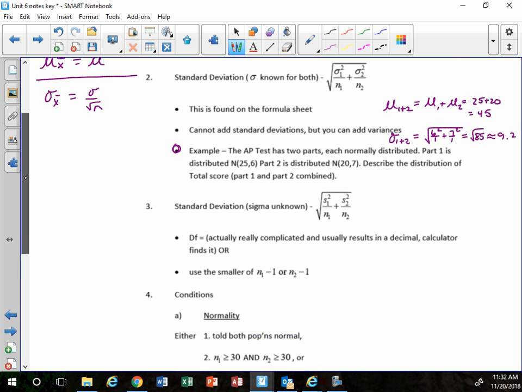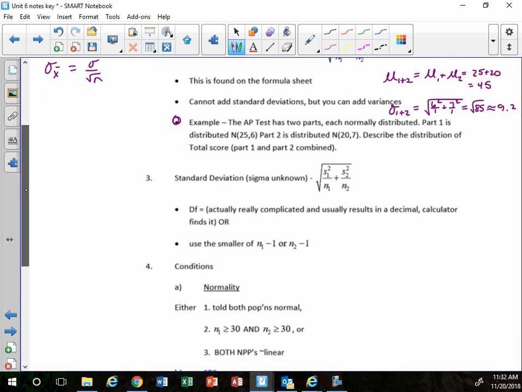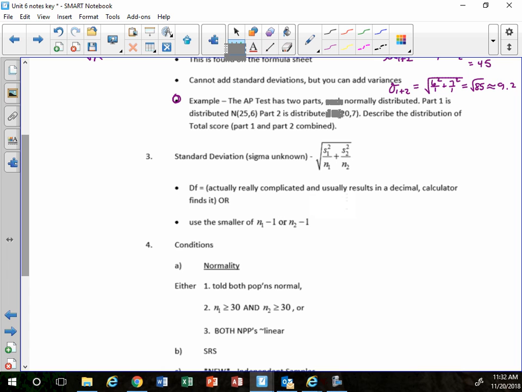All right, now that was all if sigma was known. If sigma's unknown, what do we do? Because remember with our one sample, we were finding standard error, which was just s over square root of n. So if we don't know sigma, we have to use s.